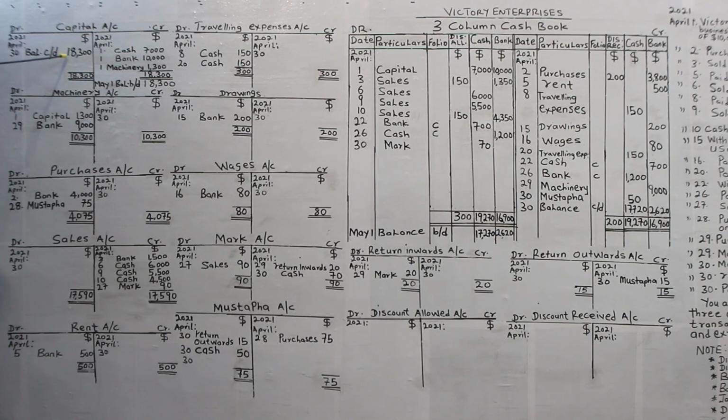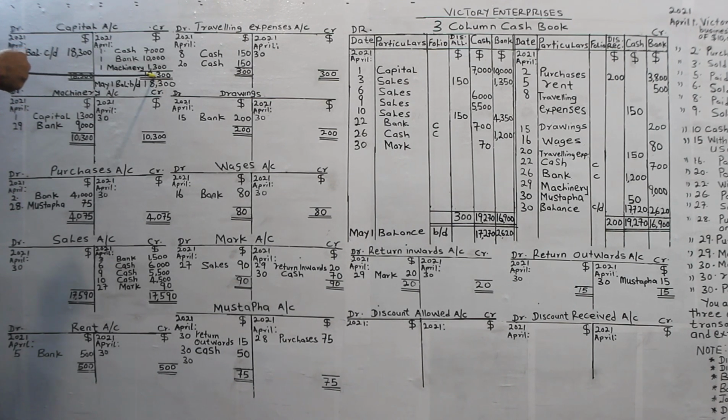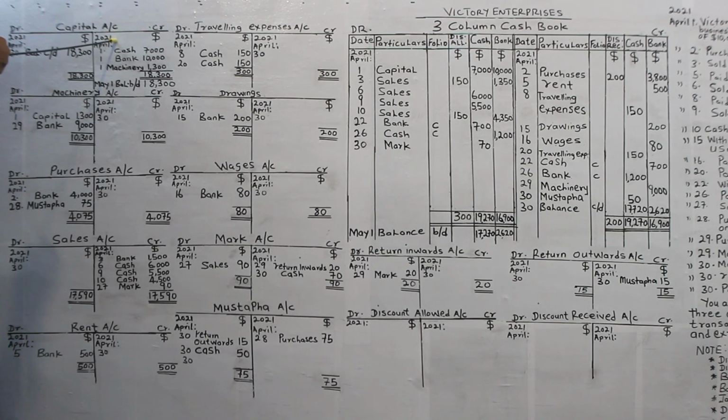And we now initiate the balance brought down by transferring this figure at the debit side of the capital account to the credit side of the capital account, 18,300 under the closed figure, and it becomes the balance brought down for May 1st, 2021.